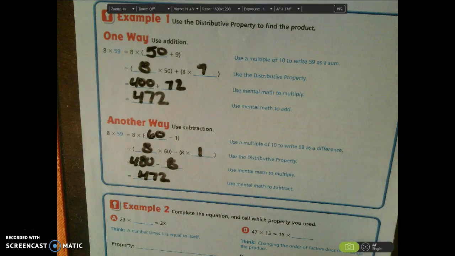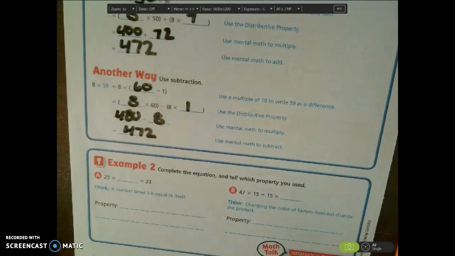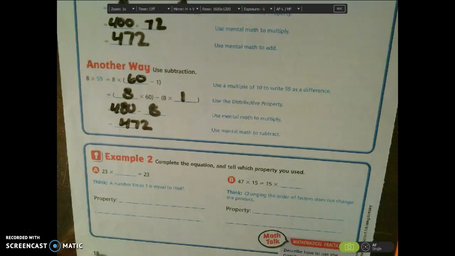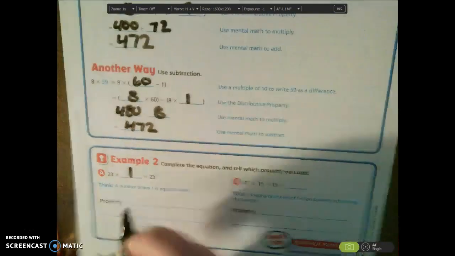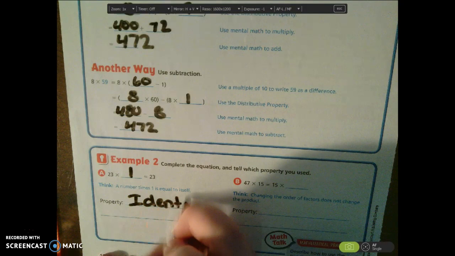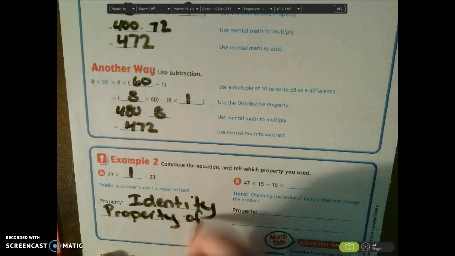So we're going to look then at example 2, where it says complete the equation and tell what property you used. Well, 23 times what equals 23? Well, 1. This is the identity property of multiplication.